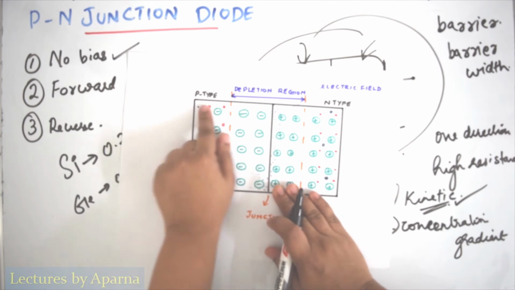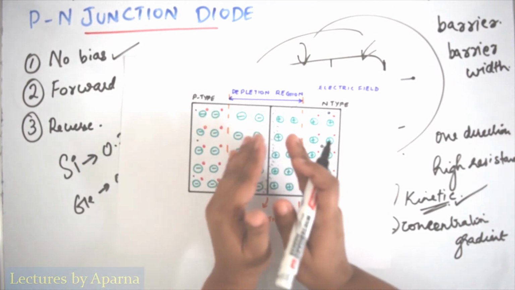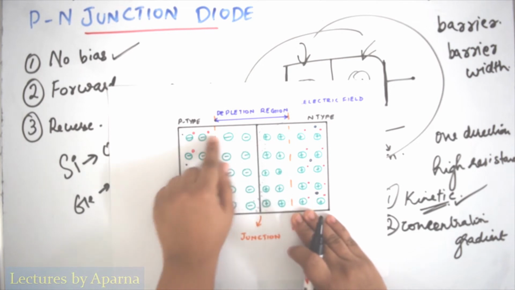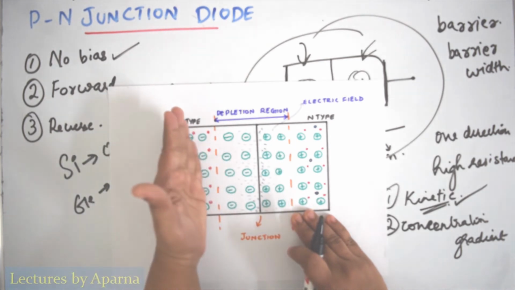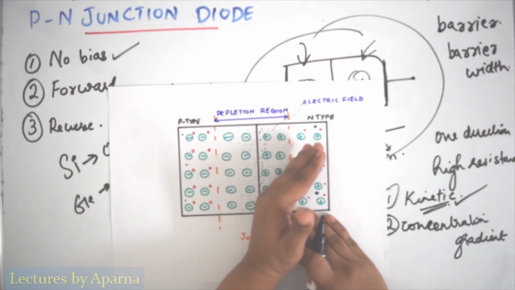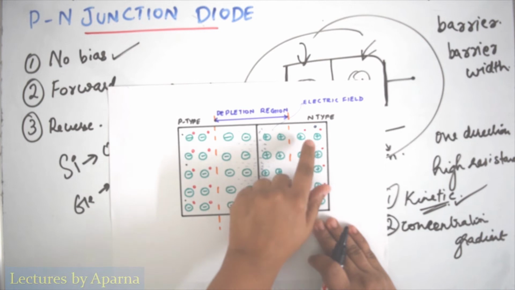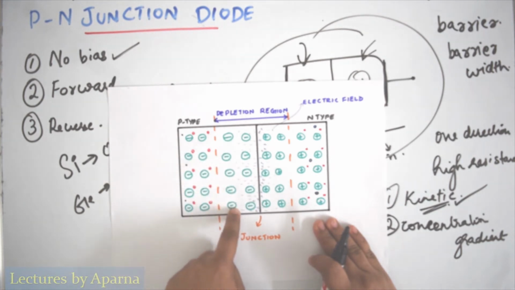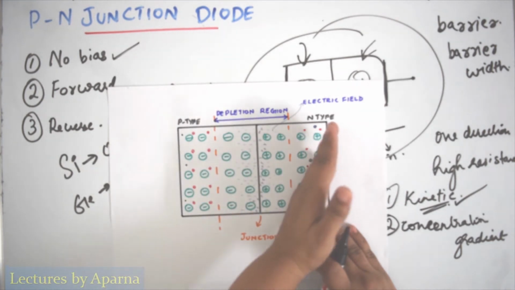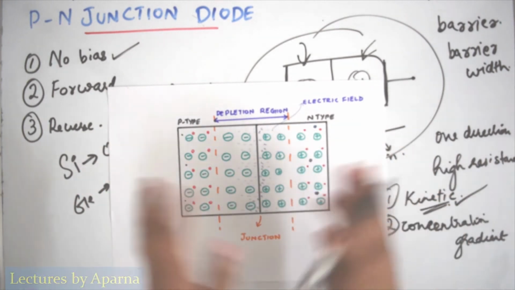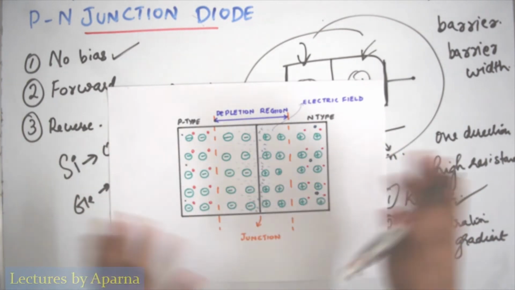These holes cannot cross again once this depletion region is formed, because these positive ions will repel these holes. So once the depletion region is formed, these holes will not be able to cross the junction and move to the n-type. Similarly here also, these electrons in the n-type will be repelled by these negative ions. So they will also not be able to cross the junction. So the diffusion of the majority carriers will be stopped.